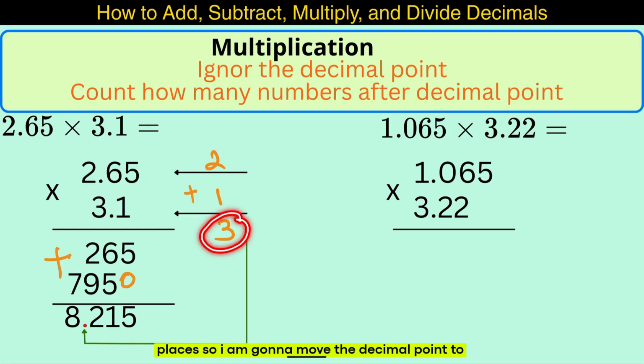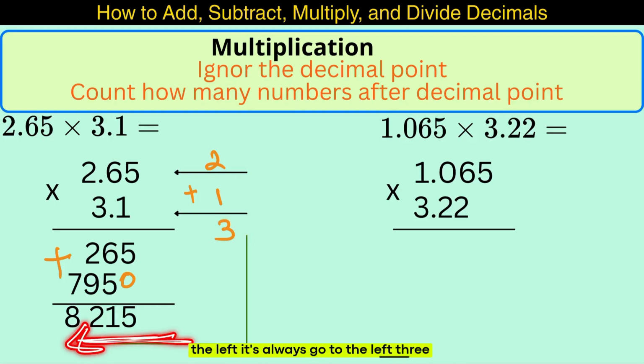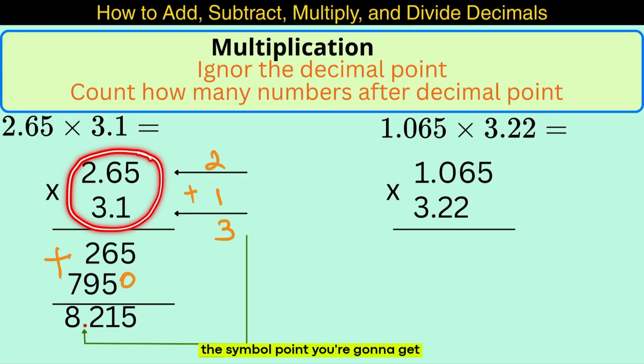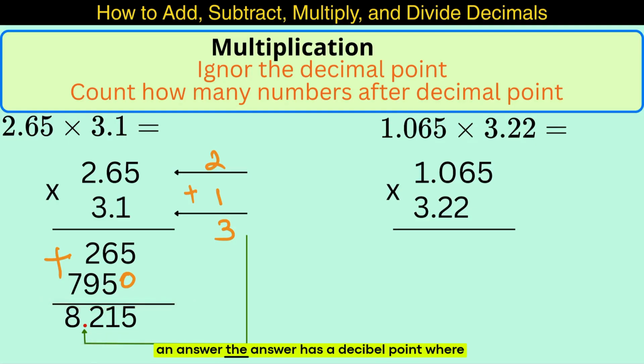So I am gonna move the decimal point to the left. It's always to the left. 3 decimal places. So here is 1, 2, 3. Again, when you do a regular multiplication without the decimal point, you're gonna get an answer. The answer has a decimal point.